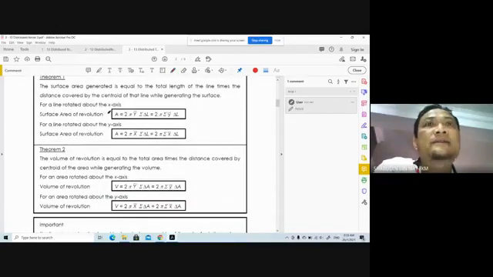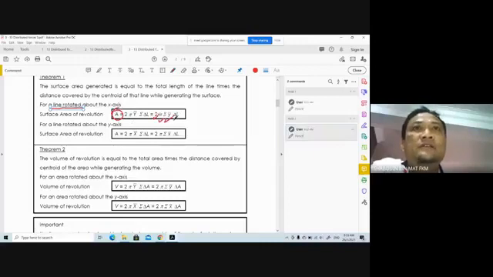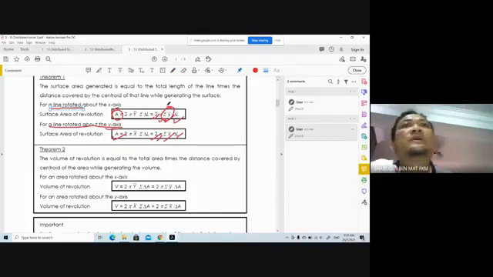If you rotate a line about the x-axis, area is equal to 2 pi y bar delta L. If you rotate a line about the y-axis, area is equal to 2 pi x bar, the sum of delta L multiplied by x bar.